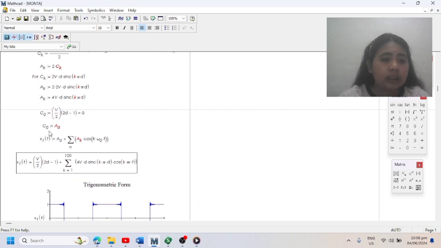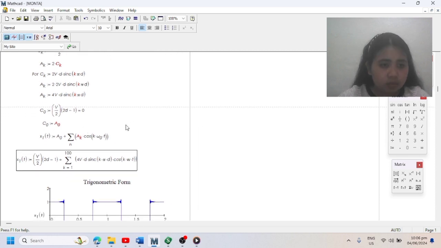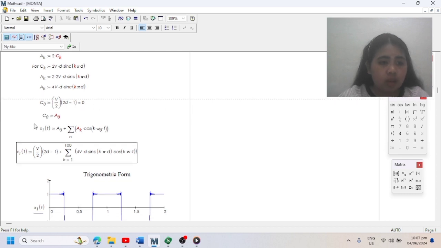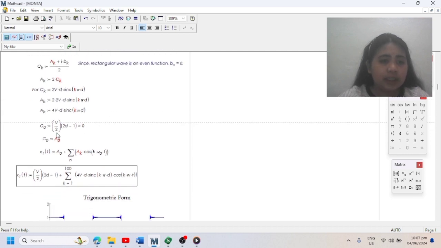Since C naught is equal to A naught, so A naught is equal to V over 2 times 2d minus 1.